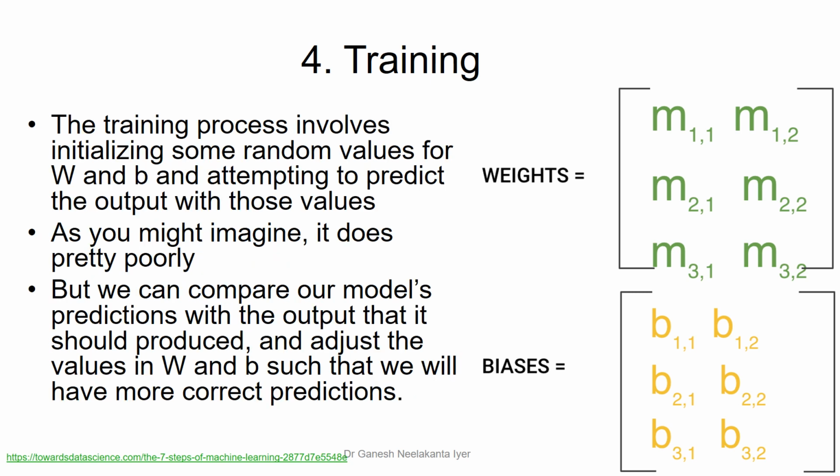The training process involves initializing some random values for W and B, and attempting to predict the output. Initially, since you chose random values, it will probably perform poorly, but we compare the model's prediction with the output that it should produce and adjust the values until we get a sufficient amount of correct answers.